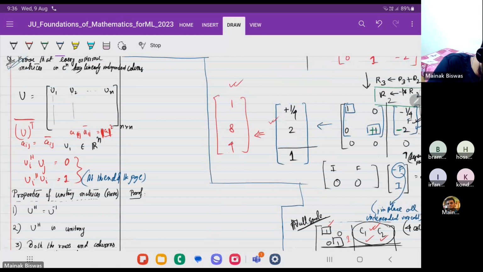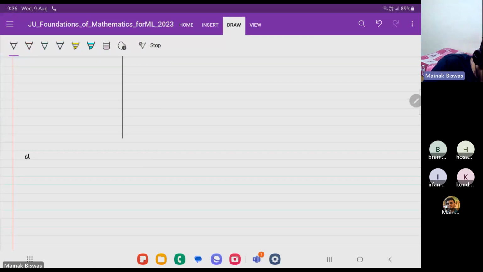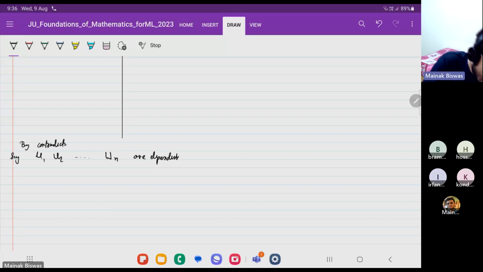Okay. Now tell me, so I'm saying that u1, u2, dot dot dot, un are dependent. So by contradiction, I'll say u1 through un are dependent. Now what will I do?